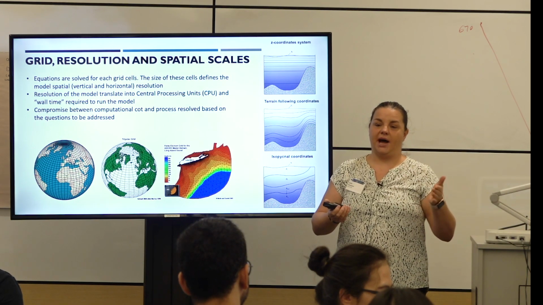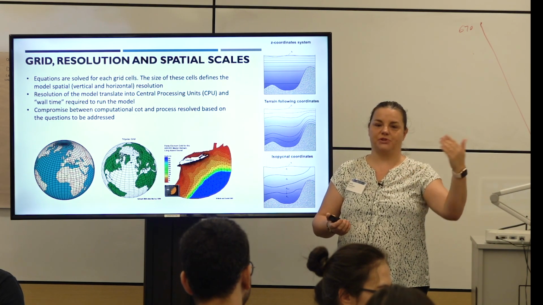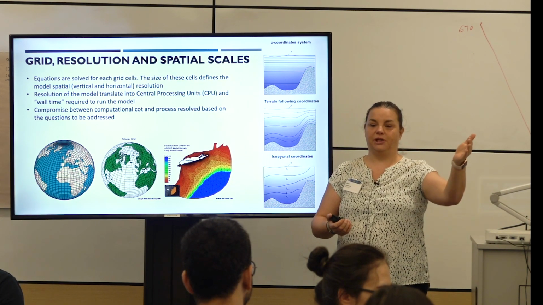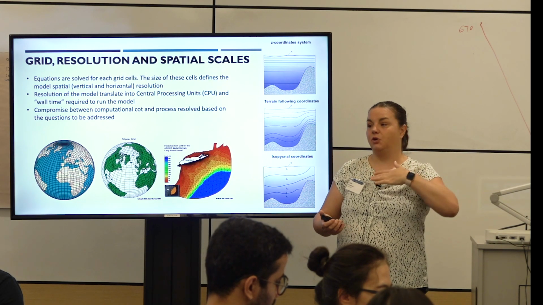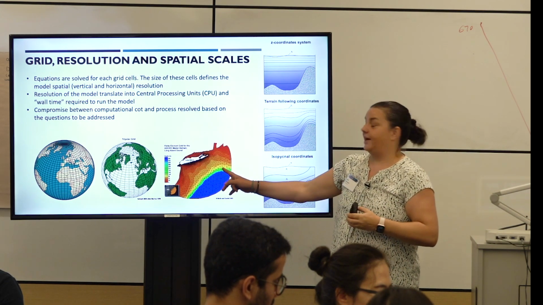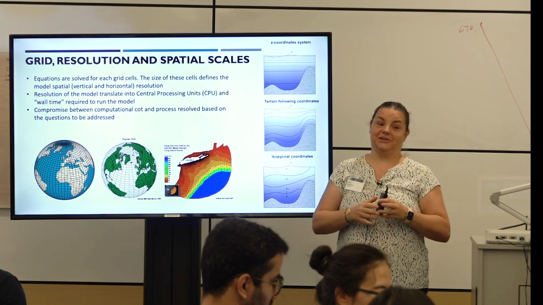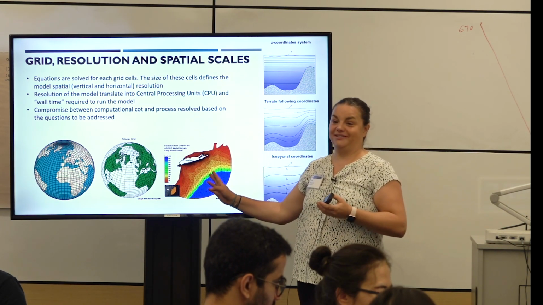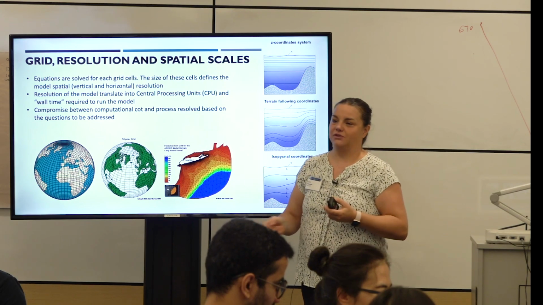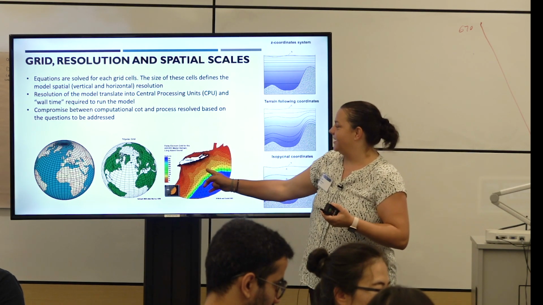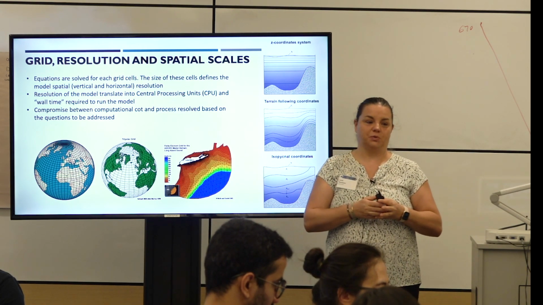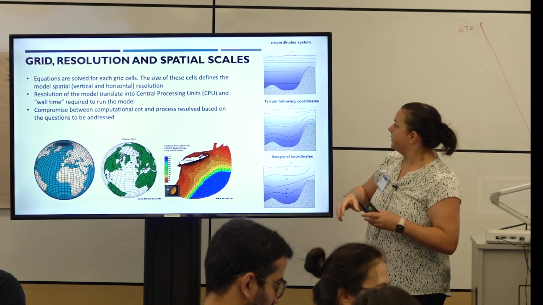That's a way to have that combination of resolving the processes both in the coastal area and in the open ocean. You might ask yourself, why are we not running everything on this kind of grid? That's because it takes a lot of computing CPUs for us to run. So generally, this kind of grid, you will see it in regional models, not global models.